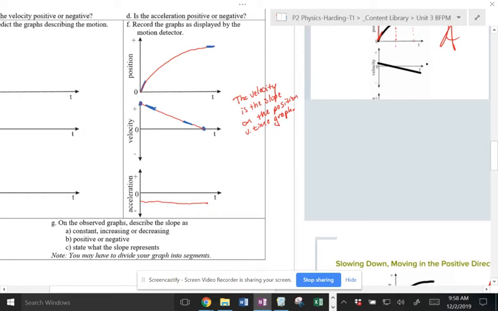Okay? So the first model that we did this year was the constant velocity particle model. The things that move like this, where the velocity graph has a constant slope, these are constant acceleration particle model, or CAPM.